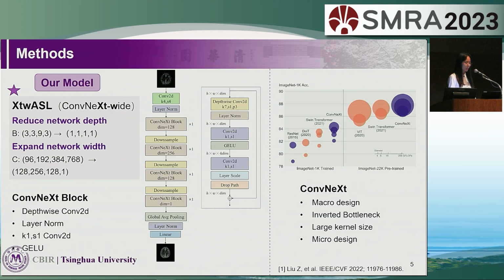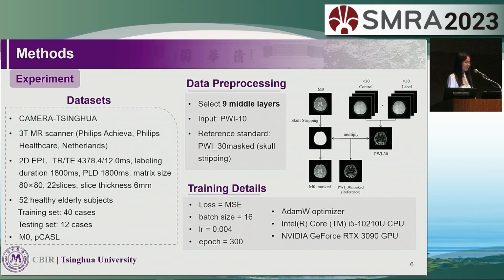In our model, the network depth has been reduced from 3393 to 1111 to reduce overfitting and gradient explosion issues. Furthermore, in order to adapt the network for ASL denoising tasks, we expand the width of the network while keeping the input and output sizes the same, which allows the extraction of a greater variety of noise features.